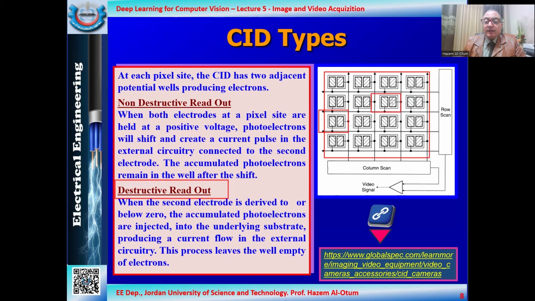Now we can correct this and remove the charge here, set it to 0 and prepare it for the next exposure, and exposure may extend for a long time. This is the difference between the non-destructive and destructive readout. That is a good and amazing property for the CIDs that was not possible in the case of CCD cameras.